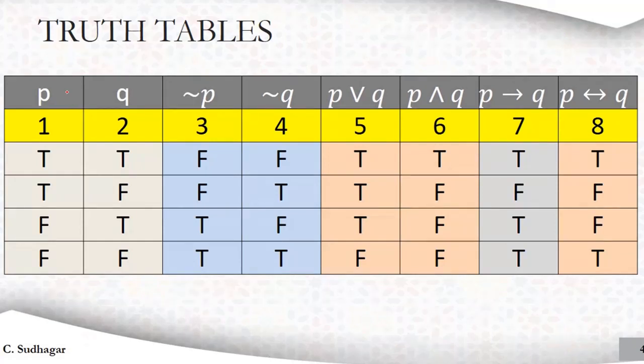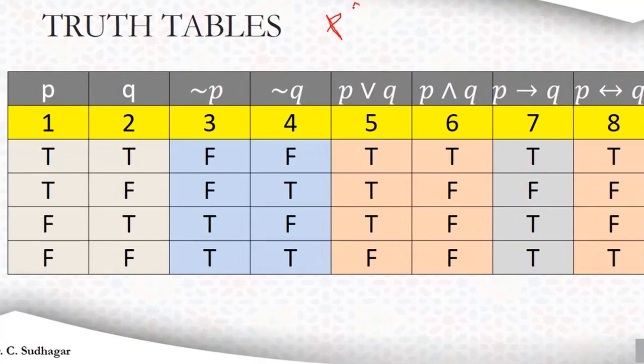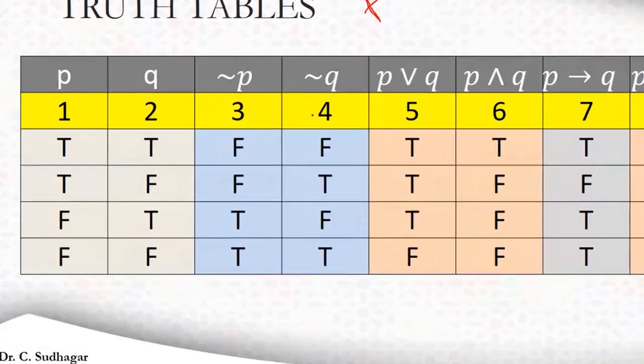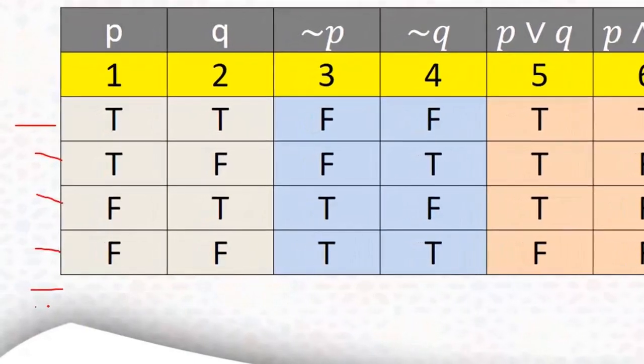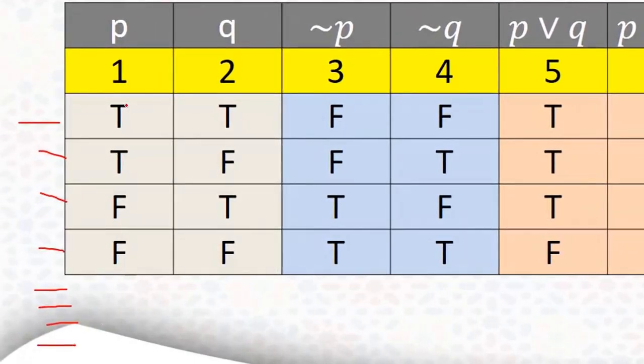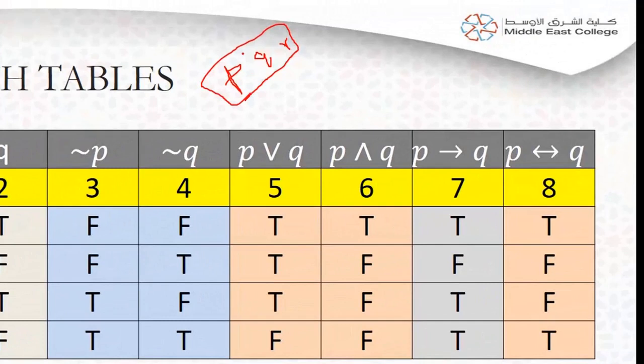If you have three variables, for example P, Q and R, you can have 1, 2, 3, 4, 5, 6, 7, 8 rows. So how to calculate: if you have n variables, for example here three variables, it is 2 power 3 rows. So 2 power 3 will be how much? 2 multiply 2 multiply 2, so therefore you will have 8 rows.